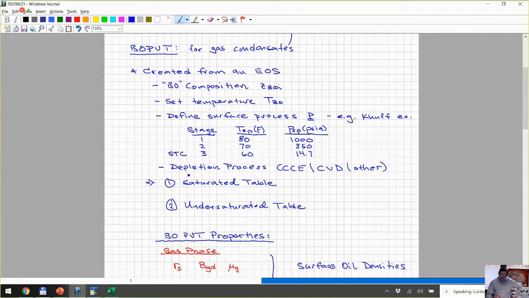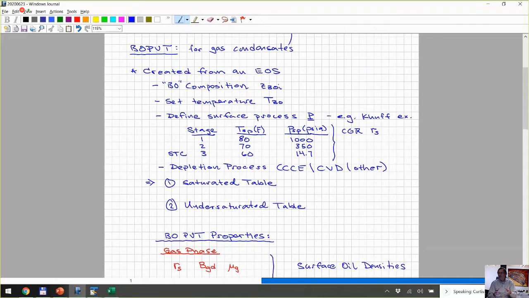So we did talk about that having an impact on the PVT properties. And what I'll make a footnote here is that the calculated CGR, which is referred to as solution OGR, is increasingly dependent on the separator process the leaner the condensate.